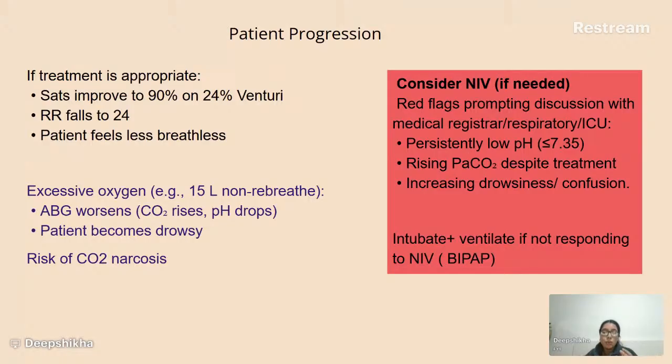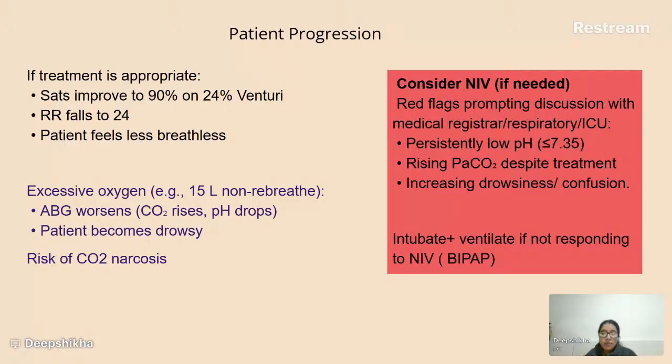That's more controlled breathing, and it essentially works by pressure to ensure that the carbon dioxide is exhaled as well. If the NIV isn't working either, then that's a senior and anesthetic escalation, and they will consider intubating and ventilating as well.